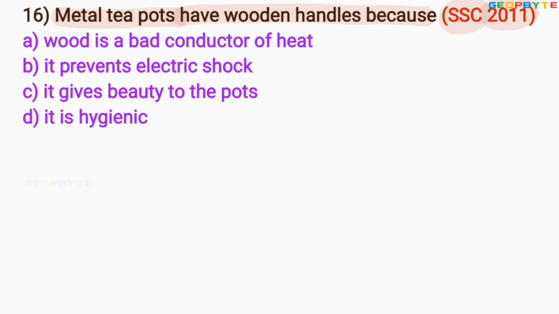That means the thermal conductivity of the wood is very less. That is the reason generally the handle is covered by wood. Anyhow, option A is absolutely correct. Because of the poor thermal conductivity, the wood is acting as insulator. That is the practical reason why the wood is connected to the metal teapot as a handle.